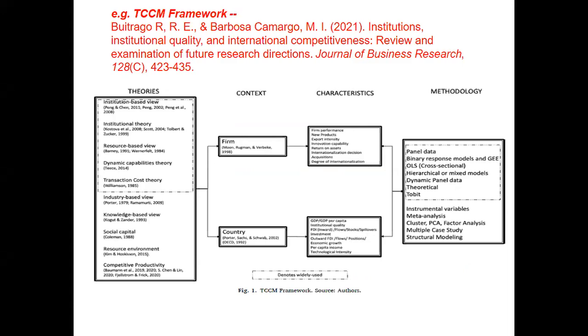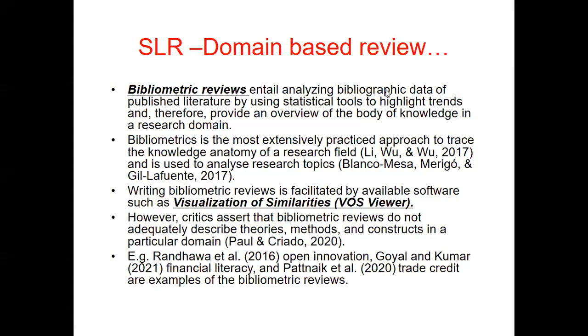4W1H, 5W1H is another typical example which you can use to review your literature, okay? Now, next, you have what you call bibliometric reviews.